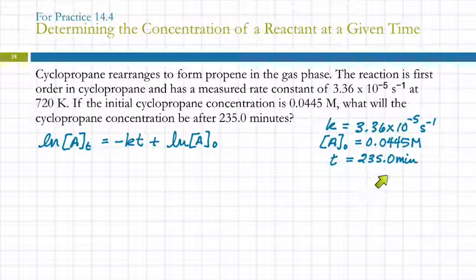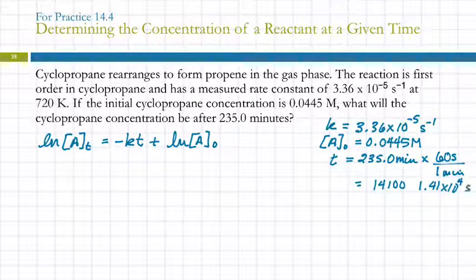We need the time to be in seconds so that the units cancel with the rate constant. Well, that's not too bad. So 60 seconds per 1 minute. So we can convert that. 14100, that's what I gave it in minutes, or 1.41 times 10 to the 4th seconds. So now our units are going to be okay, so we can plug these values in.